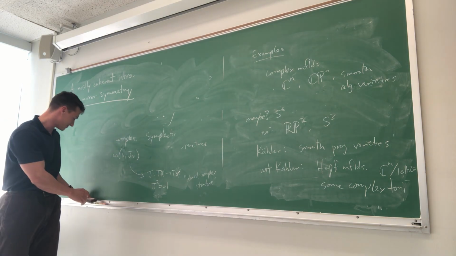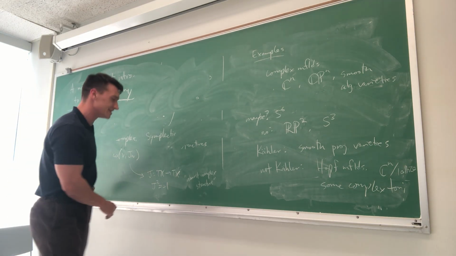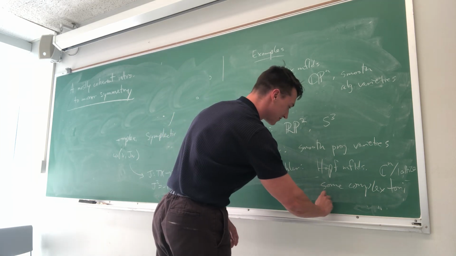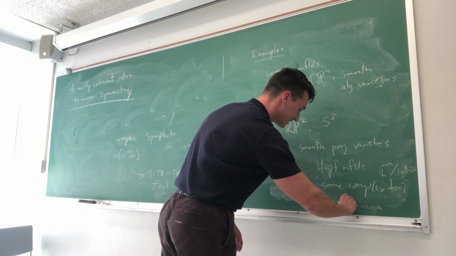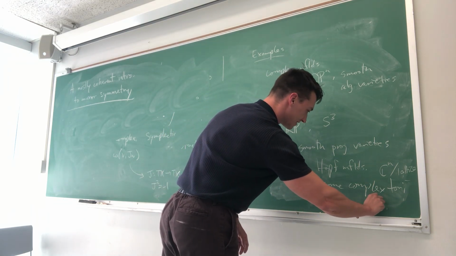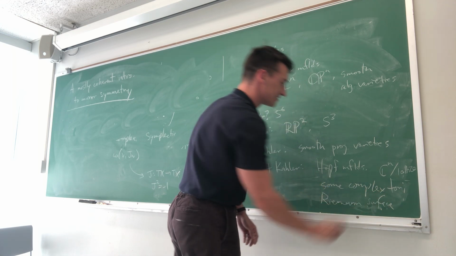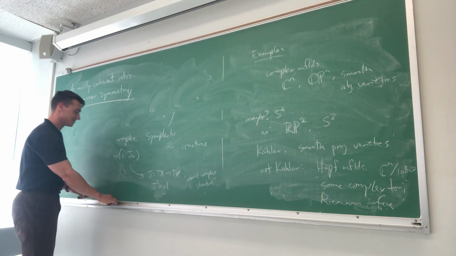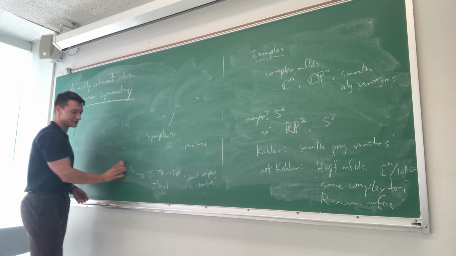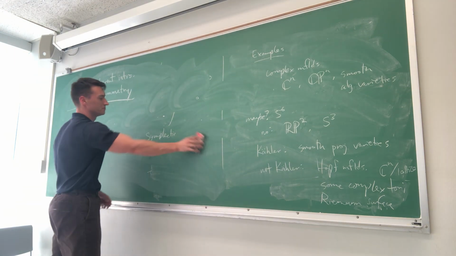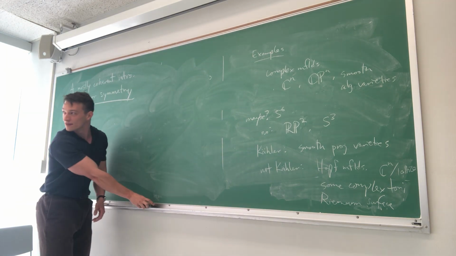Maybe that would be a reasonable add-on: every complex curve or Riemann surface is Kähler. That's nice for us. So every Riemann surface is also in this particularly nice class where we have all these different geometric structures playing well together.